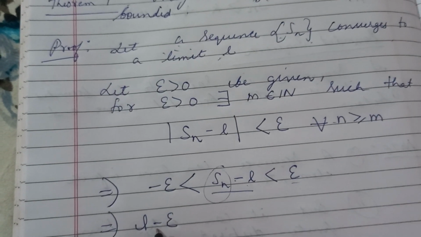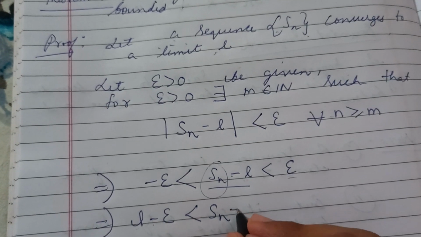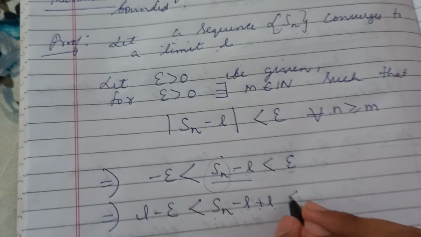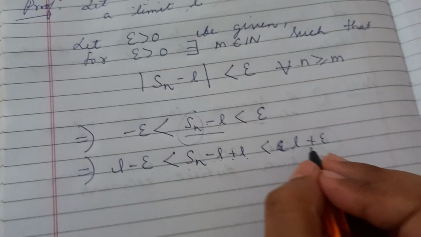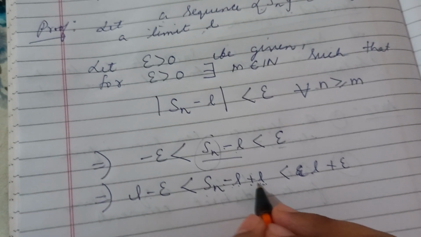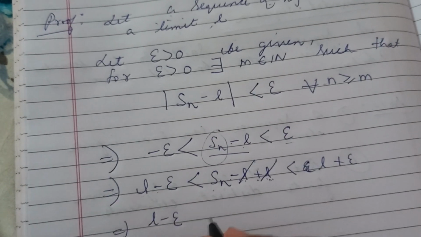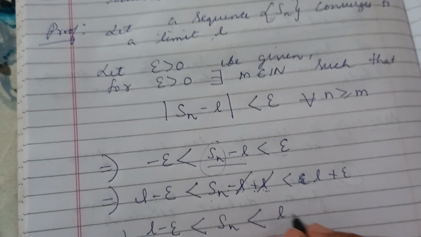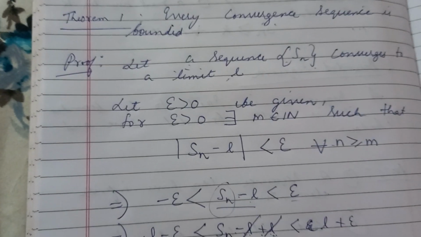It will become L minus epsilon, and here we'll be left with Sn minus L plus L. Similarly, L plus epsilon. So here minus L plus L gets cancelled out. So we are left with L minus epsilon is less than Sn is less than L plus epsilon. We have got this condition.